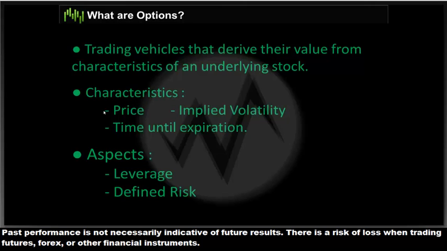These characteristics are price, the implied volatility of the price movement of the stock, and the time until expiration of the option. Now, options also have aspects that are desired by options investors. The two aspects that we're going to talk about tonight are leverage and defined risk.